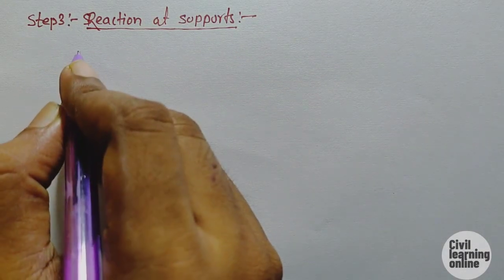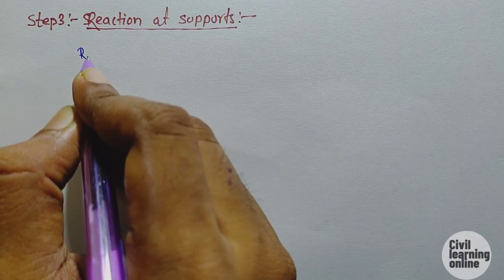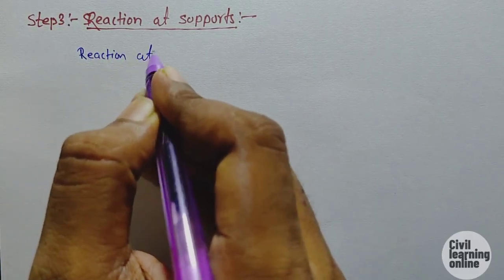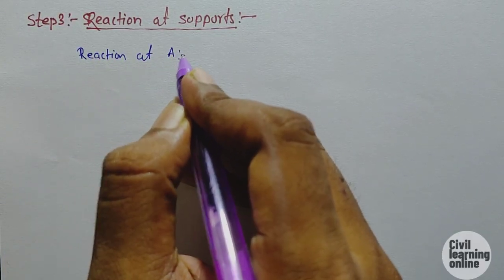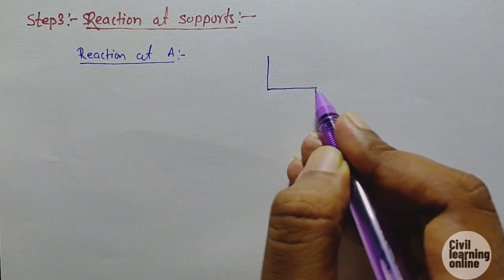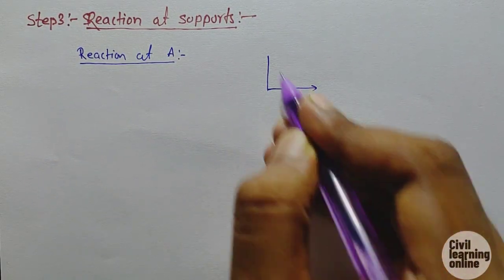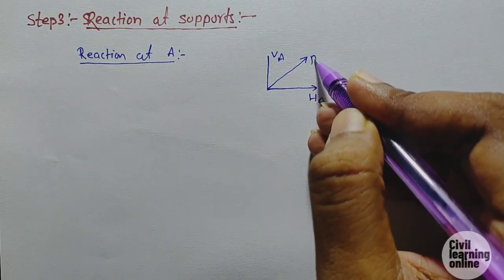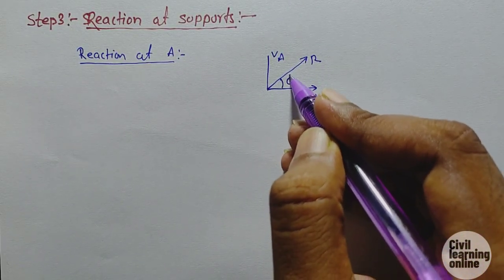So for reaction at A, let us draw a simple diagram. Here, this is our HA and this is our VA, and the reaction is R, and let this be angle phi.